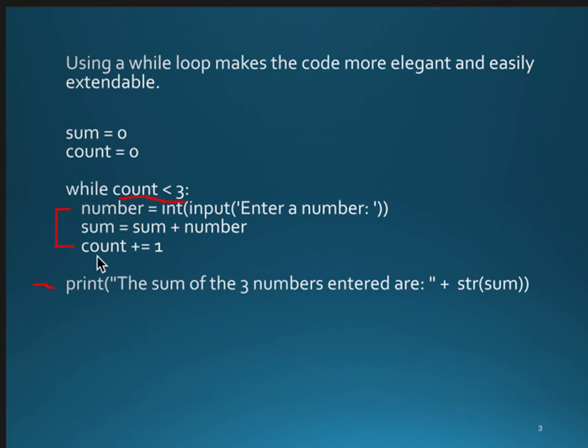So you see here, we have count updated in the loop by 1. Because if this variable is not changing in the loop, this means that this is going to end up as an infinite loop, so it's going to run forever. This is very important, and this is a mistake that many beginning programmers make.